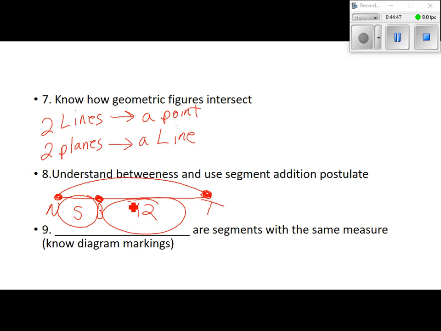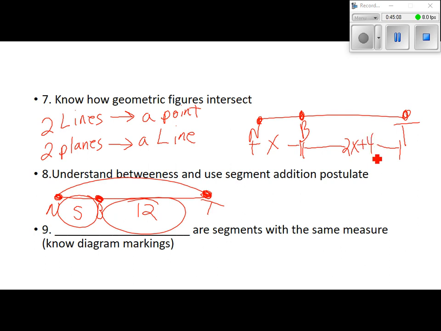Now we also had other ones that maybe they did something like this. They told us from here to here was x, here to here was 2x plus 4, and maybe the whole thing was 15.